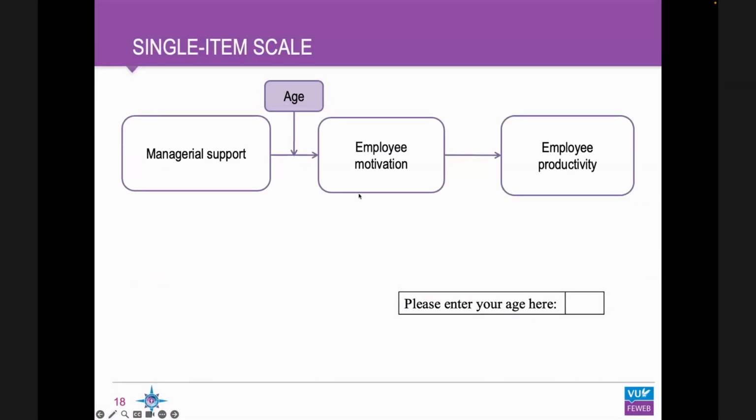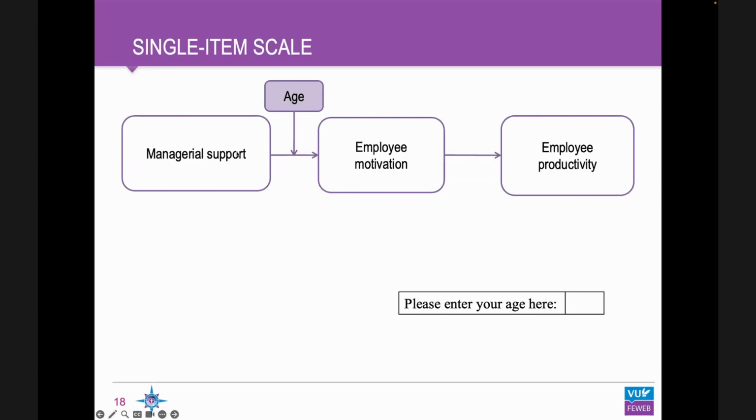If you remember this Ahold Delhaize example, we had managerial support causing employee motivation, and that in turn causing employee productivity. Then this was the mediator. We also wanted to understand how age moderates the relationship between managerial support and employee productivity.